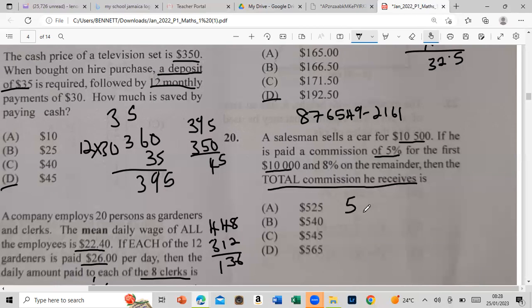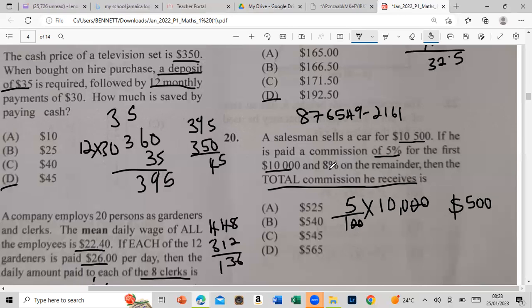So let us find 5% of 10,000. So that's 500. So he's gonna get 500 from that commission.